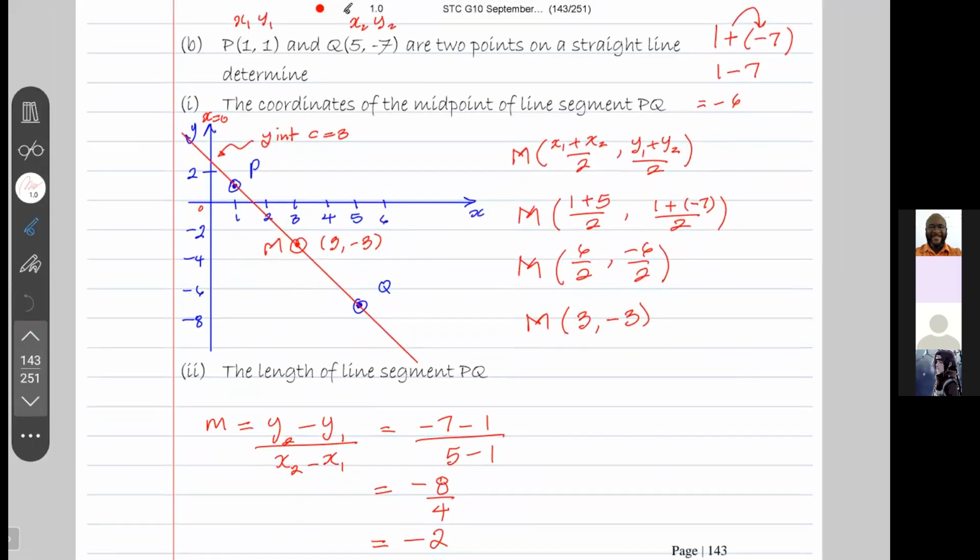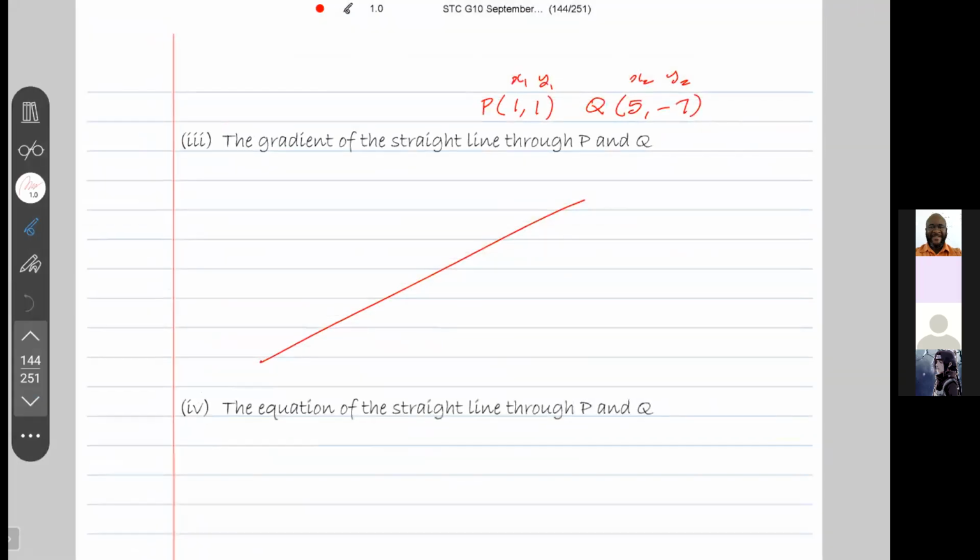The actual length of line here and I did gradient. All right, let's change this to gradient. You can put it in the correct place. And let's change this to length of line. You can put it in the correct place, guys.